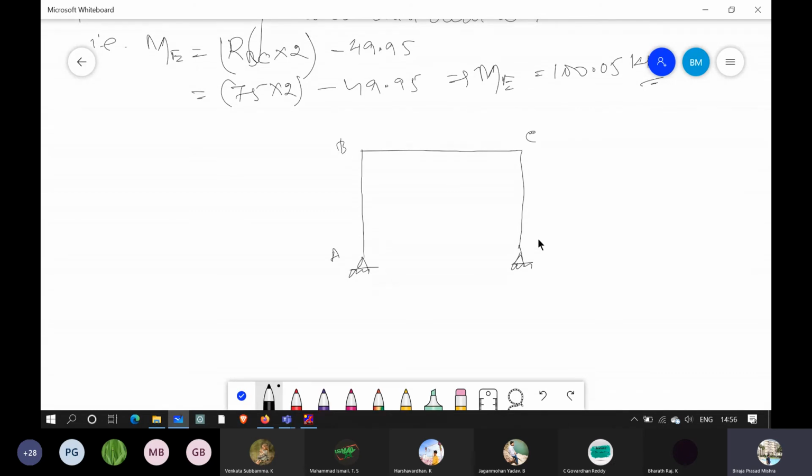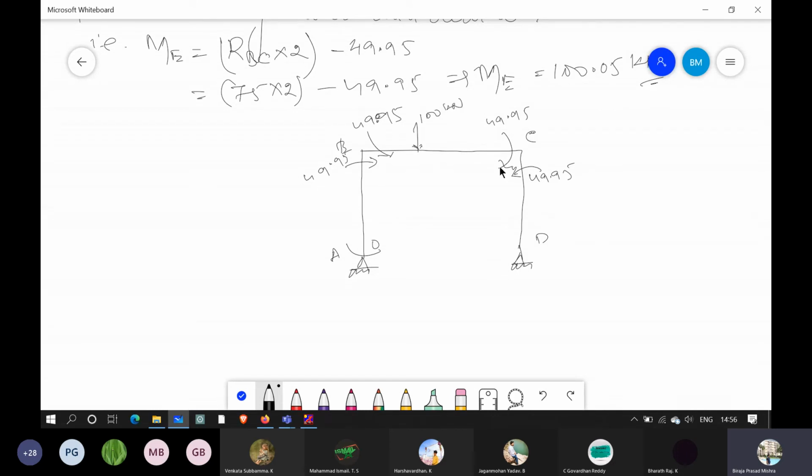So here it is 0, here it is 49.95. Similarly this is also 49.95, this is 49.95, this is again 49.95, and here we have a force, and this is 100 kilonewton.